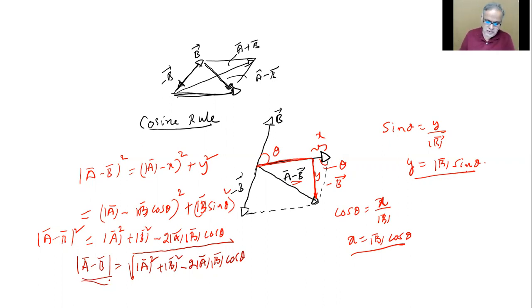And similarly, if I want the angle made by the A minus B with original A, if I call it alpha, for the direction, I'll get a similar formula.